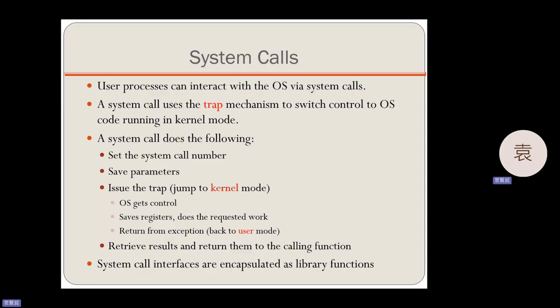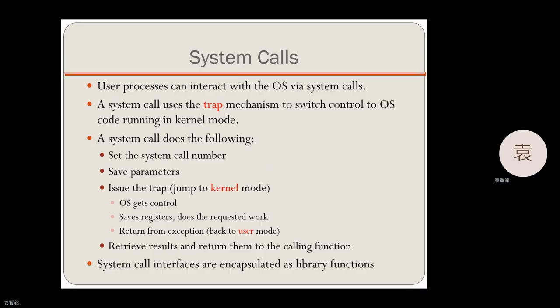Then it returns from the exception, back to user mode, using the saved registers to restore the context of the user process. After that, the system call can retrieve the result and return it to the calling function.